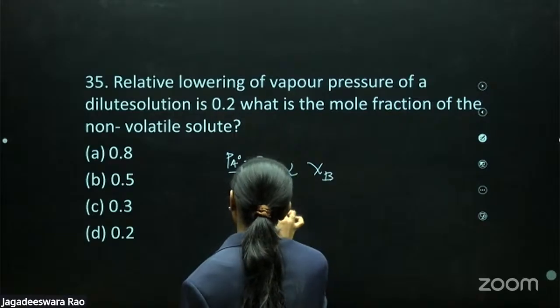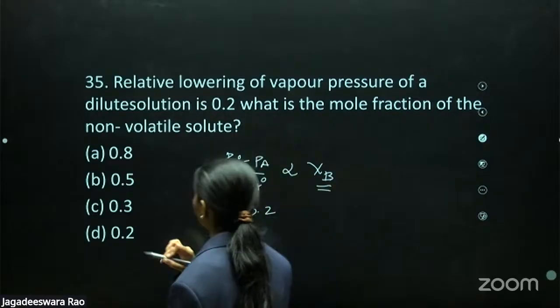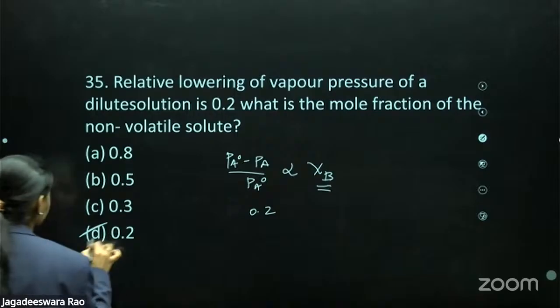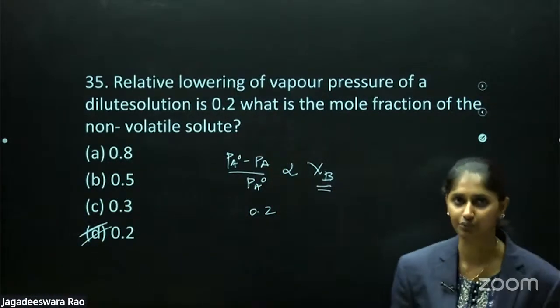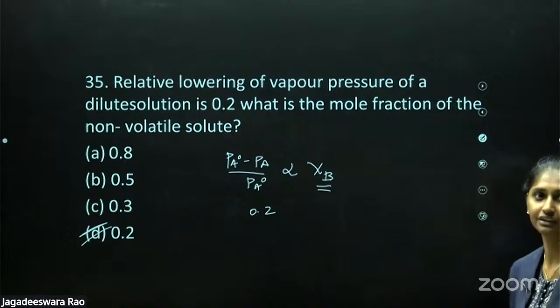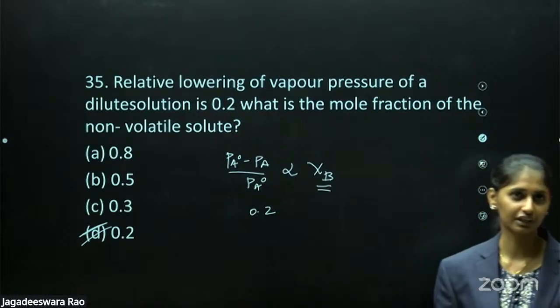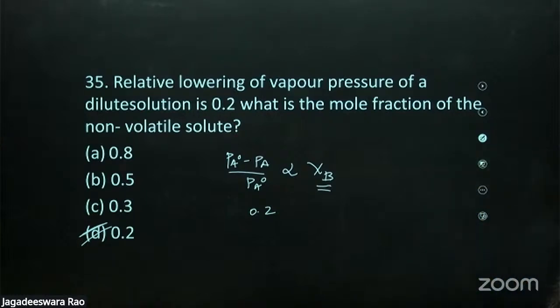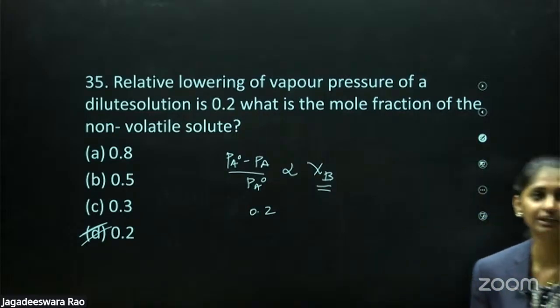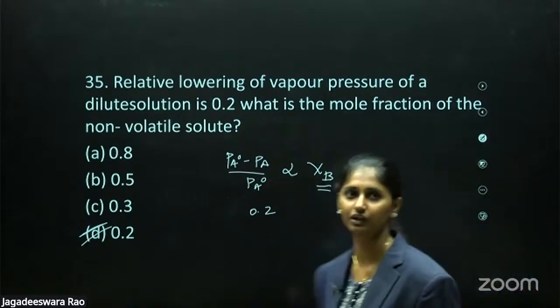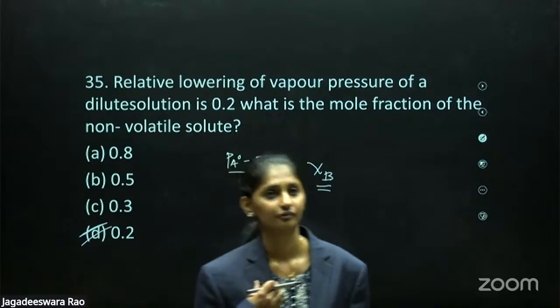If this is 0.2, obviously this also will be 0.2. So the answer is 0.2. If they would have asked A, then it is 1 minus 0.2, which is equal to 0.8. I hope you understood the relative lowering of vapor pressure concept. Next class we'll do elevation in boiling point, depression in freezing point, and osmotic pressure. Is it okay? Fine. Thank you.